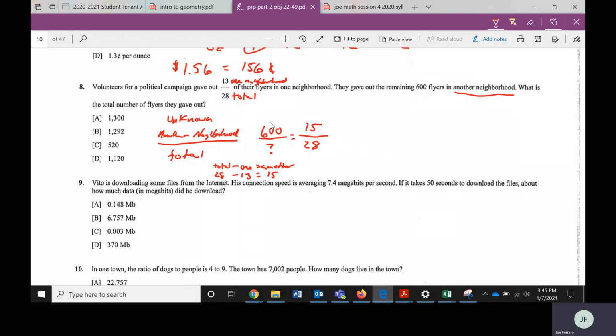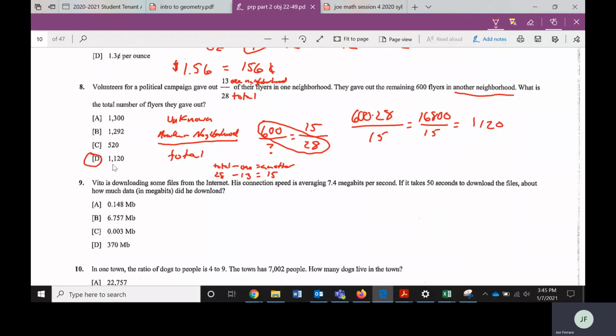Again, that's the hardest part, setting it up. Once you get it set up, cross multiply and divide. So it's going to be a little bigger number here. 600 times 28 divided by the third number. So we get 16,800 divided by 15, which gives you 1,120. That's how many were total.